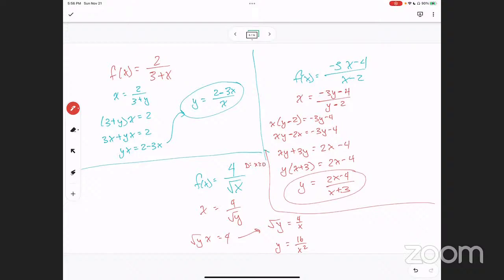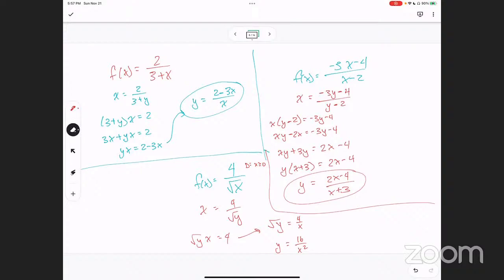So basically the range is y has to be... well, do you even have to write that? y is greater than or equal to 0. Maybe you don't have to worry about that, because y itself is never going to be negative. Sorry, x can be negative, but y itself is never going to be negative.